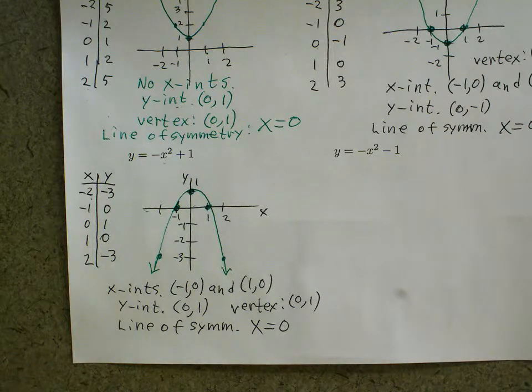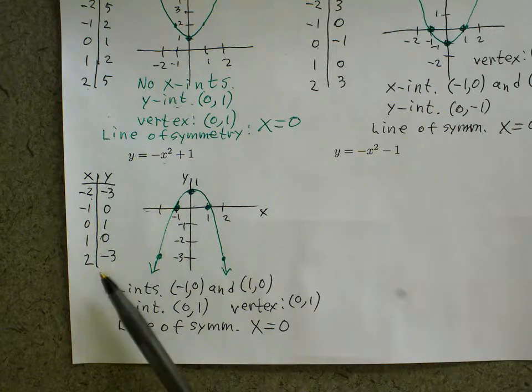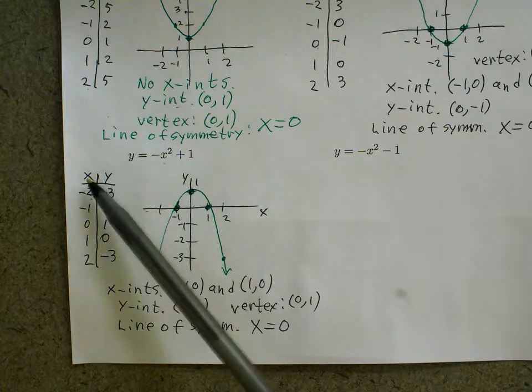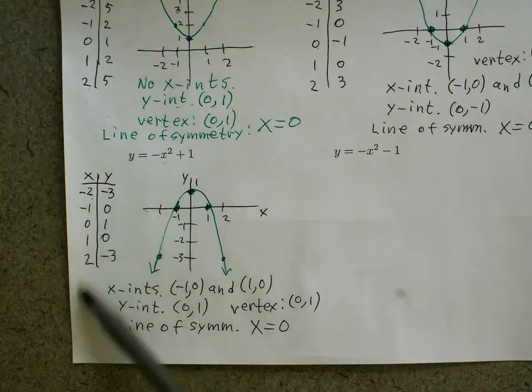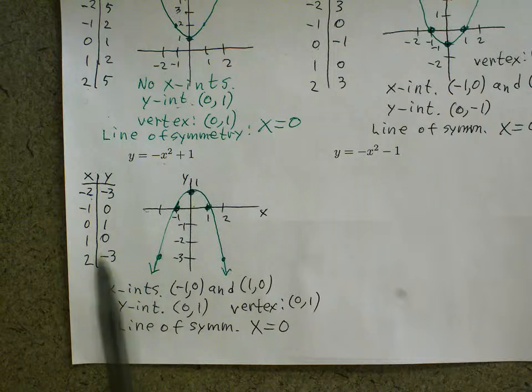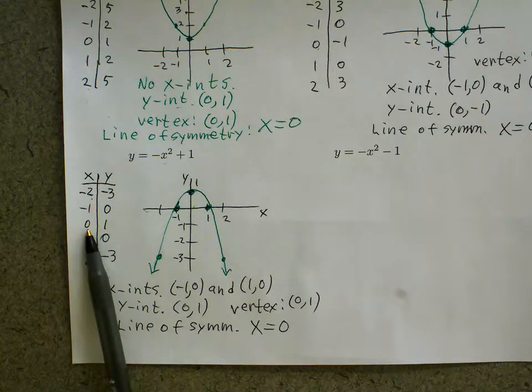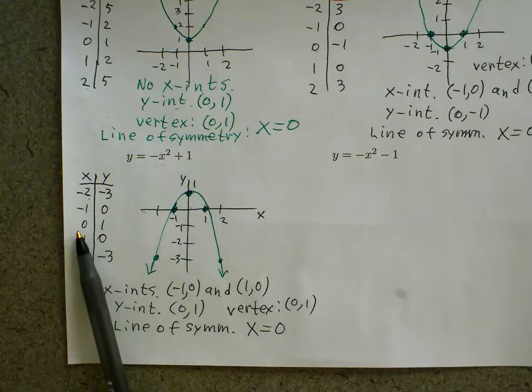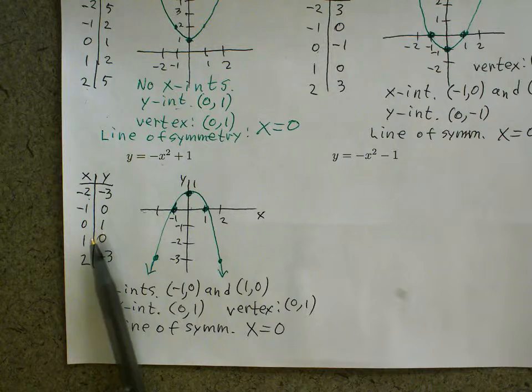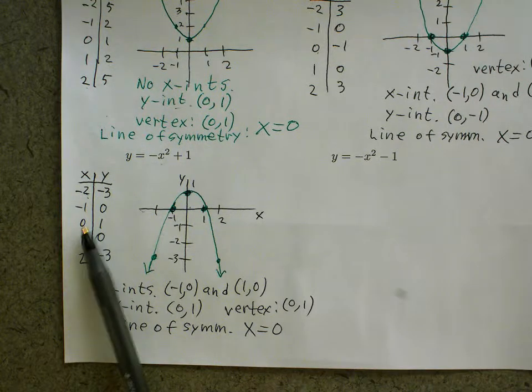Maybe you've noticed for each of the examples that we've done so far, I chose just 5 x values, but the middle x value, 0, in each of these cases is the x coordinate of the vertex.